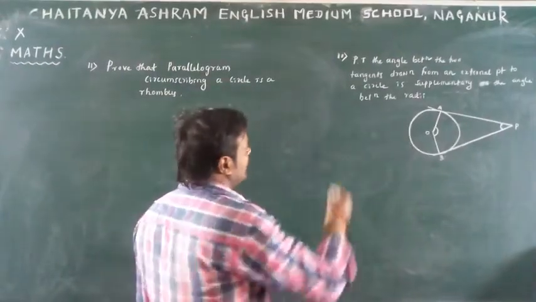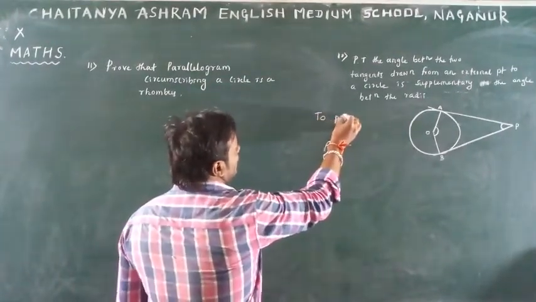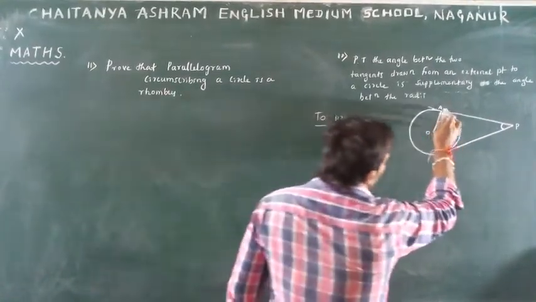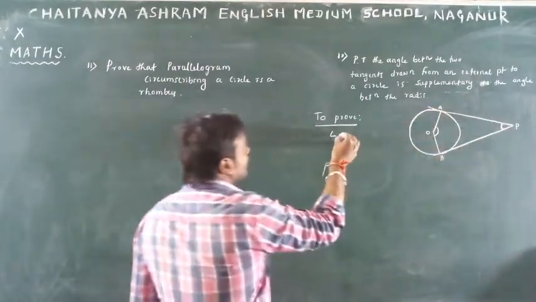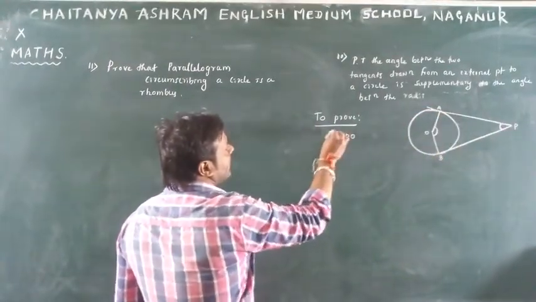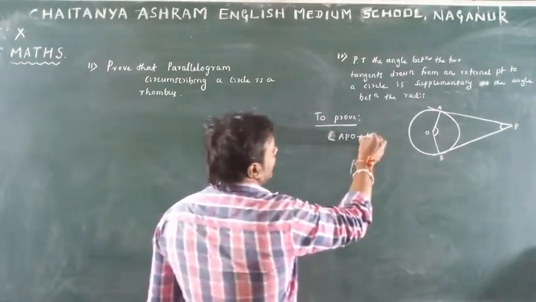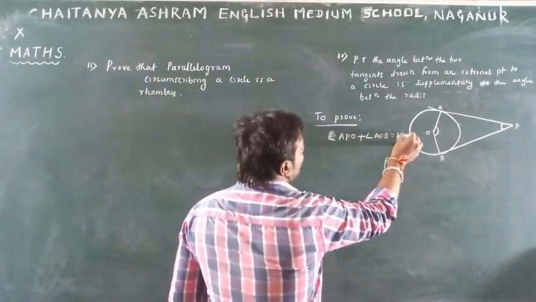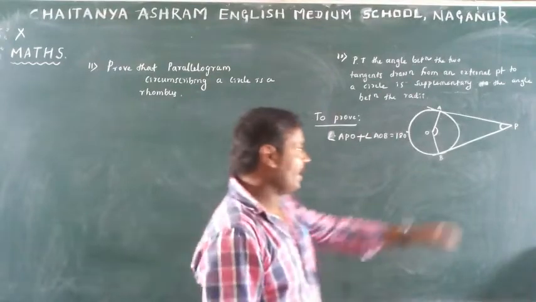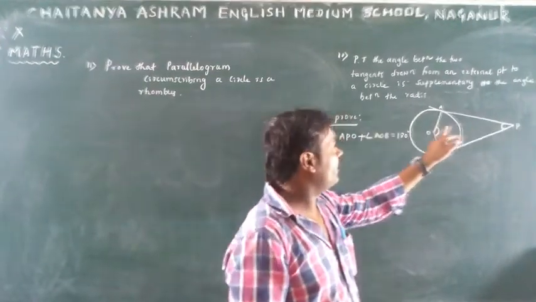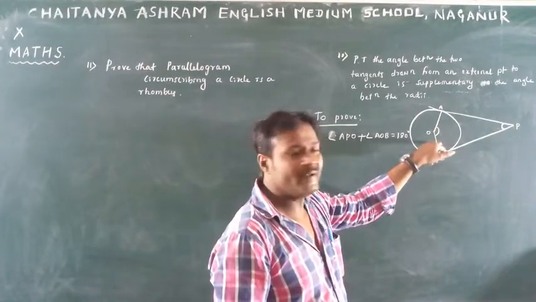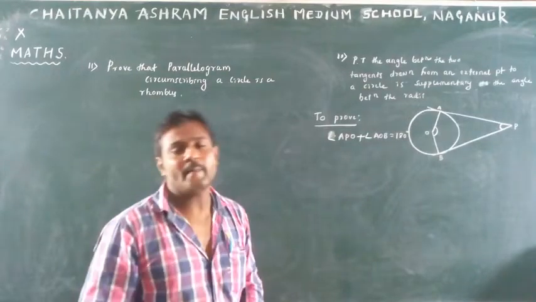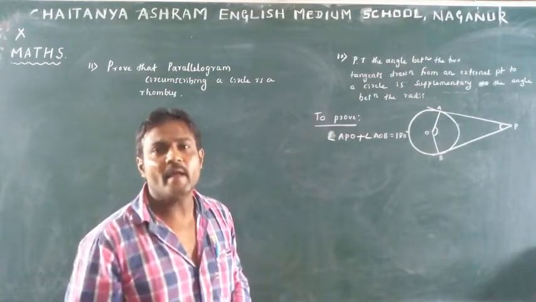So let us write this symbolically. What are we going to prove? We are going to prove angle APO, the angle between the tangents, plus angle AOB is equal to 180 degrees. This angle is supplementary to the angle between the radii. What are supplementary angles? If the sum of any two angles is 180 degrees, then the two angles are called supplementary angles.